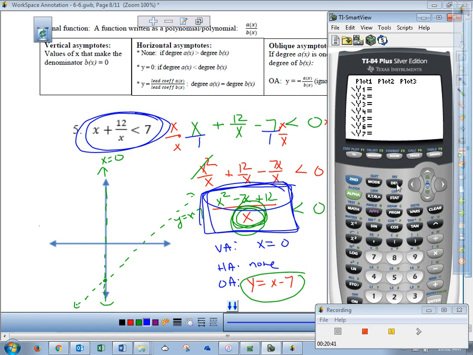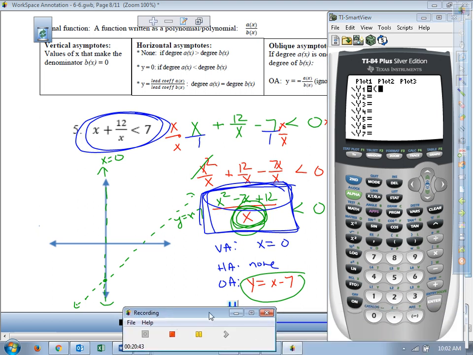So that is, in parentheses, x squared minus 7x plus 12, divided by x. Uh-oh. Do we see it all?